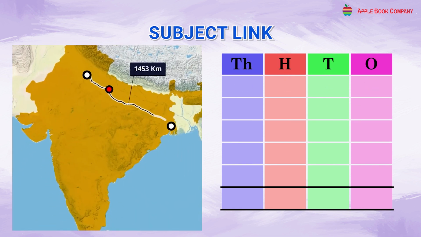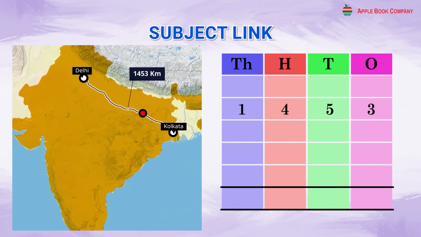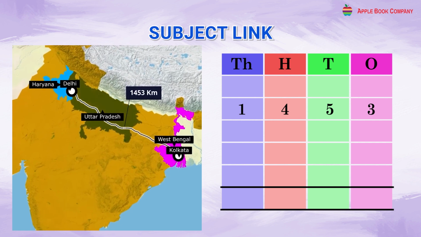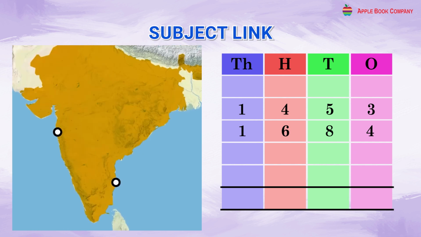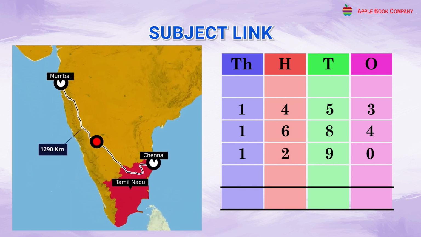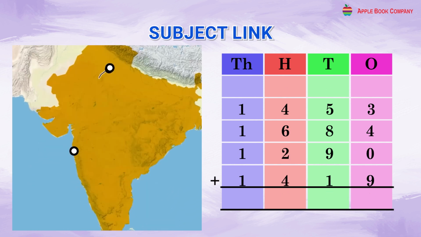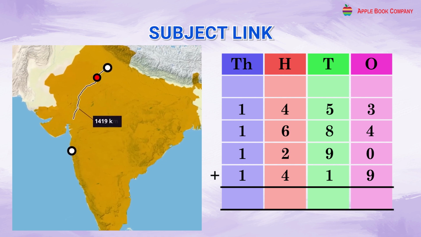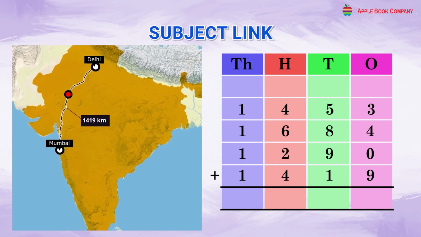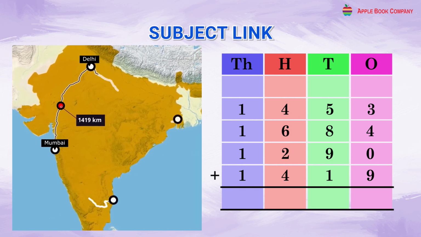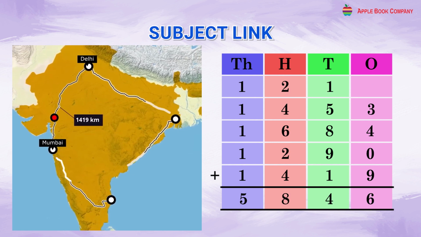The lengths of these highways are 1,453 kilometers, 1,684 kilometers, 1,290 kilometers and 1,419 kilometers respectively. Find the total length of the highways in the GQ. So the answer would be the addition of all the lengths of these highways.